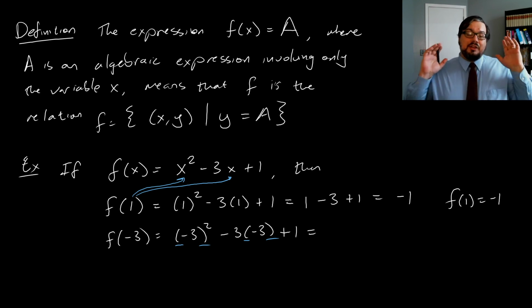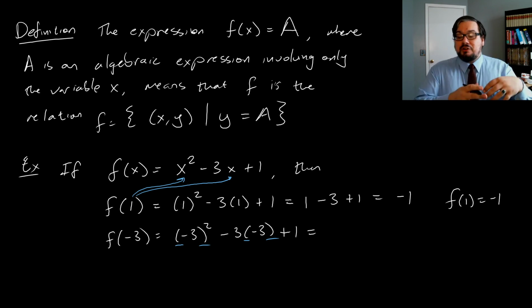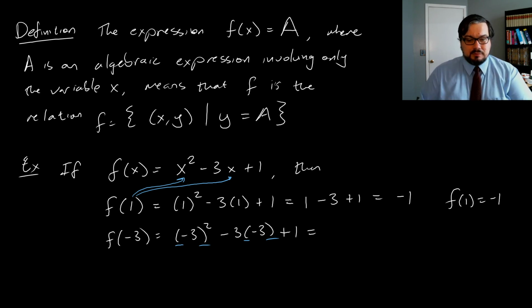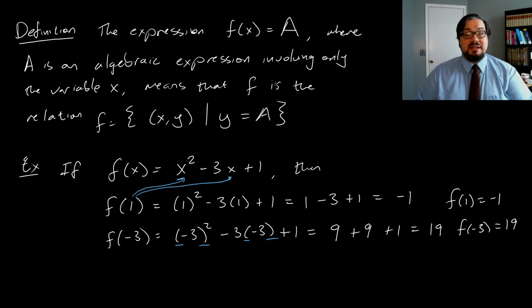Basically, every time you are replacing a variable with some other number or expression, you should be putting parentheses around them. So negative 3 squared is 9. Negative 3 times negative 3 is also 9, plus 1. So we get 19. So that means f of negative 3 is 19. You plug negative 3 into this function, you get 19 out of it.